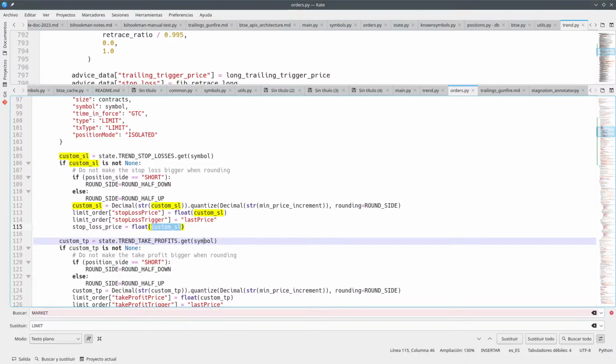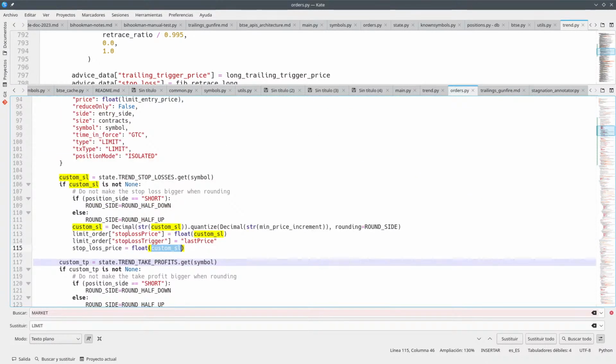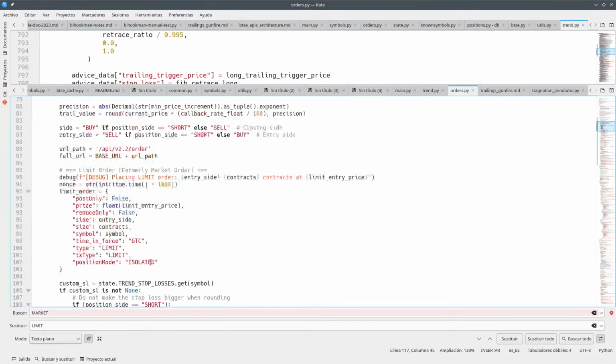But any of these is taking the stuff from actually trying to stop losses and down here trying to take profits, but somehow that's not right.